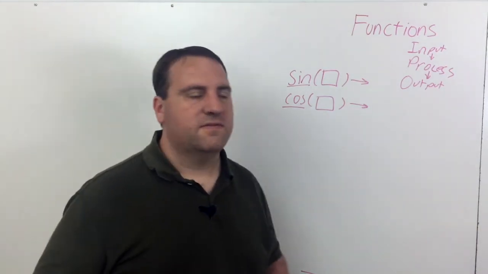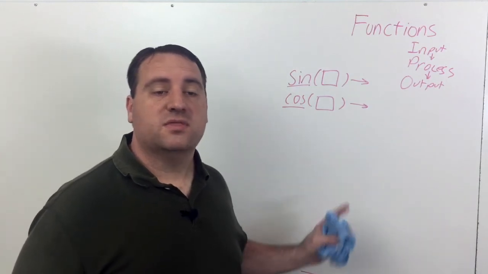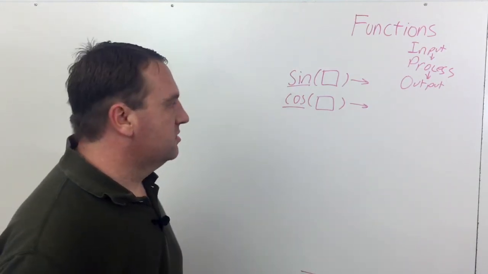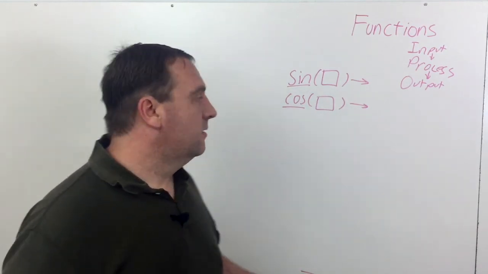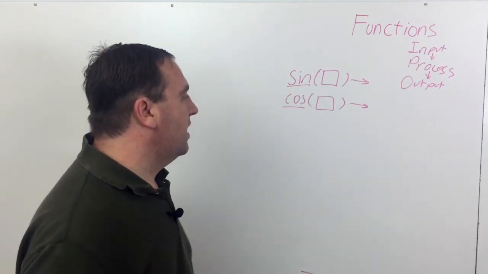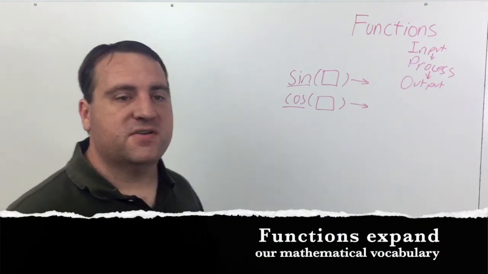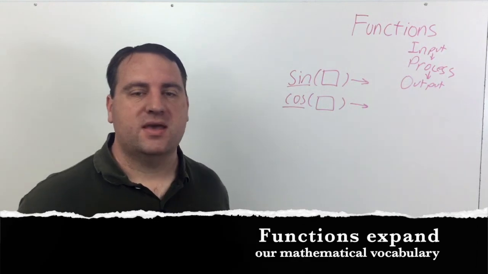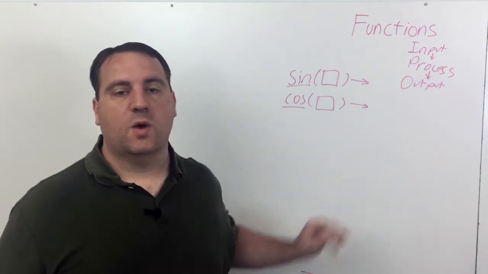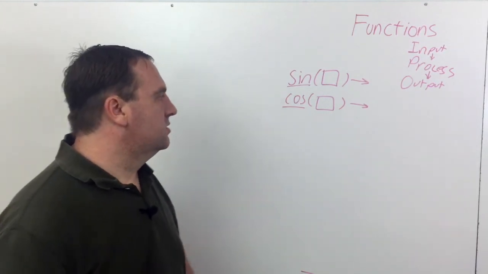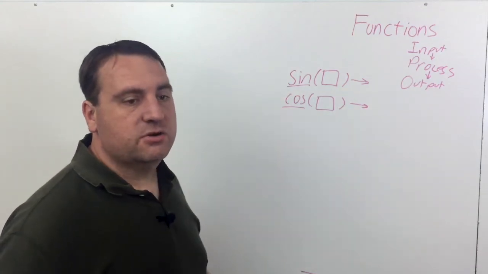But I can't write a nice formula for what the functions should look like. There are lots of tables of values. You can have formulas to estimate the functions, but there's no specific formula I can write to tell you what the process is. Okay, so that's one of the benefits of functions, it allows us to expand our mathematical vocabulary beyond what we can actually write down a process for. And so the only requirement for it to be a function is to take an input and generate an output.